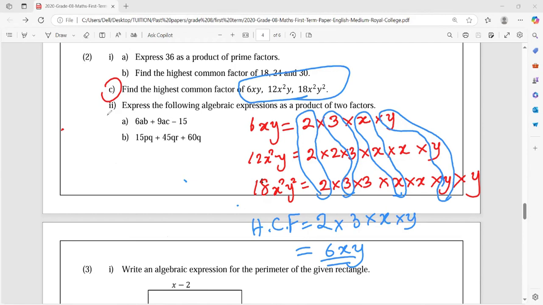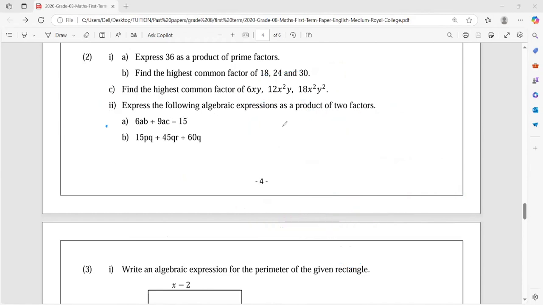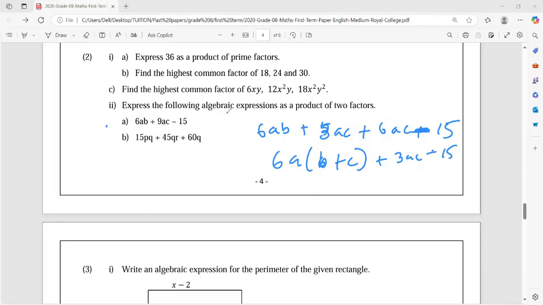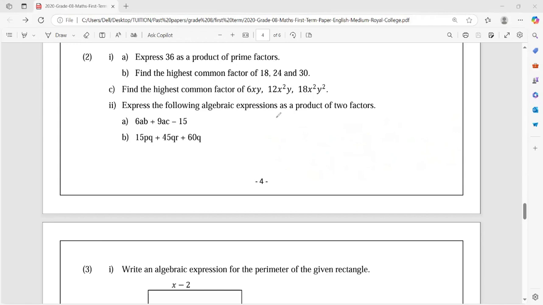Now let's go to part 2. Express the following algebraic expressions as a product of two factors. You see 6ab, 9ac and 15. Okay. Here we have to make only two factors, right? So you see, all these are divisible by 3, right?